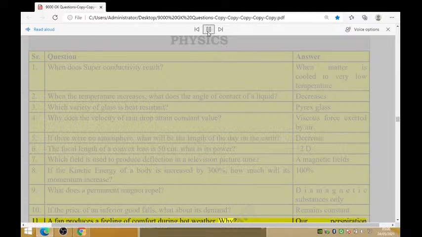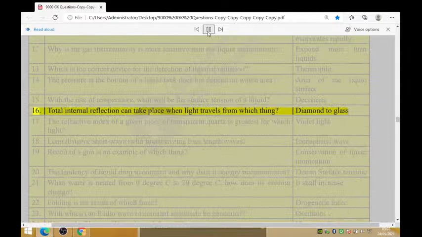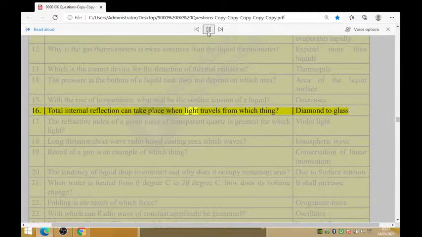Decreases. 16. Total internal reflection can take place when light travels from which thing? Diamond to glass. 17. The refractive index of a given piece of transparent quartz is greatest for which light? Violet light.